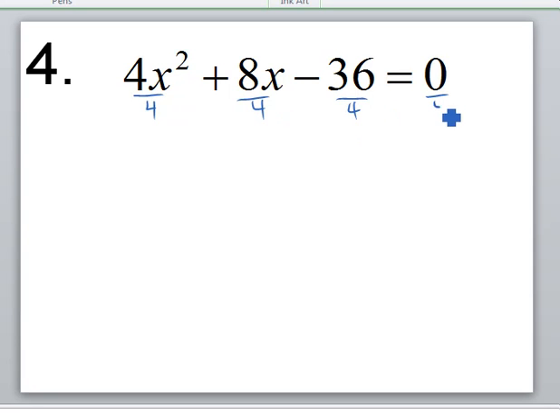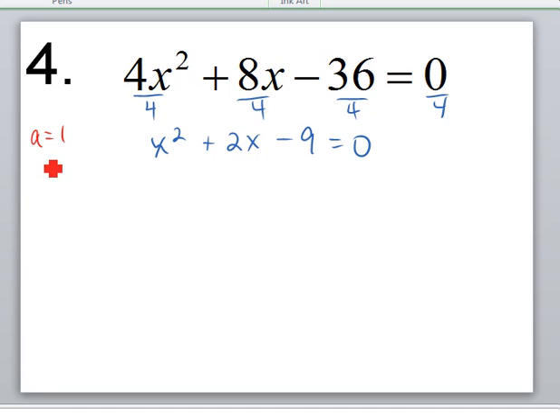And I will, because it will make it much easier to deal with the quadratic formula. So what I end up getting is 1x squared plus 2x minus 9 equals 0. Please, if you notice that something shares a like term, please divide each of those, because it will simplify and make your work much easier.